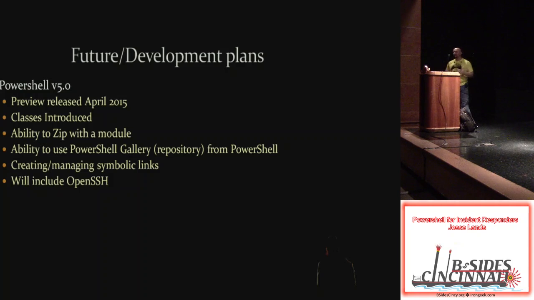They're also adding the zip module and the PowerShell Gallery, which not everyone is familiar with. It's going to be almost like an app repository that you'll be able to sync up and say, I want this module. Also symbolic links, and a lot of people are all excited about OpenSSH. But in my opinion, what could that possibly be bad for?